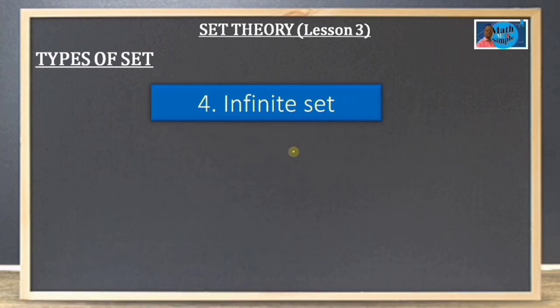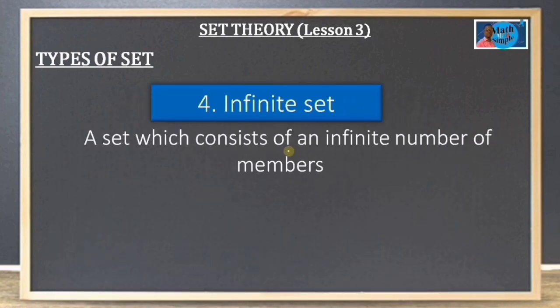Then let's look at the infinite set. An infinite set is a set which consists of an infinite number of members. For example, if we have set A equals 1, 2, 3 with 3 dots. Okay, this is an infinite set because it consists of an infinite number of members. Here we cannot count the number of members of this set.